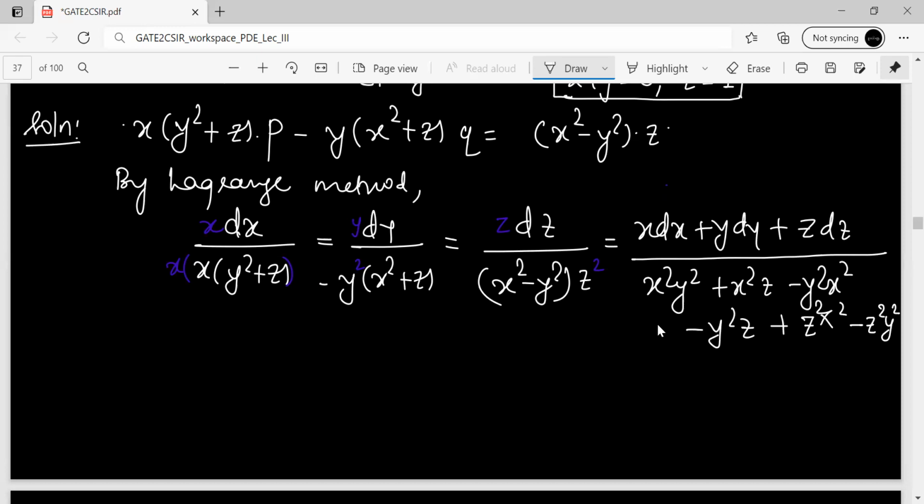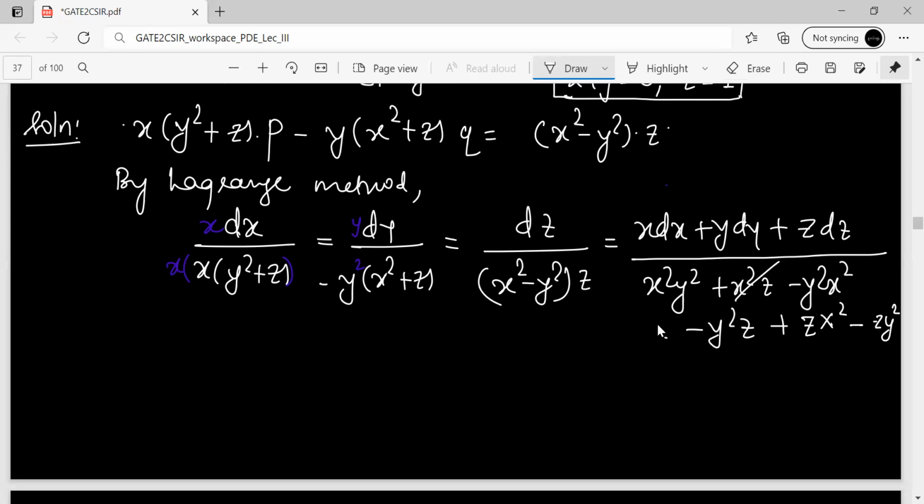Oh, in fact, this z is extra. So we don't need this z. Now it is perfectly fine. It's simply z square and minus z y square. This is perfect.